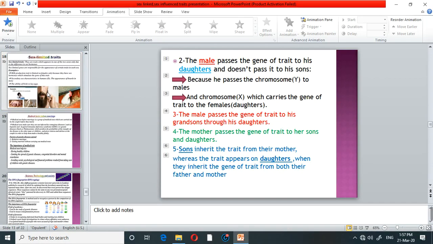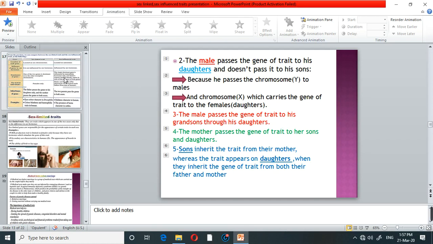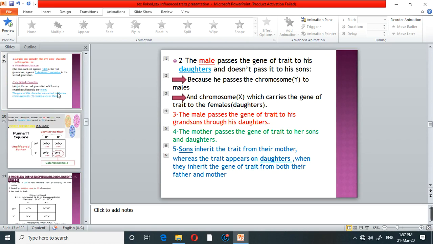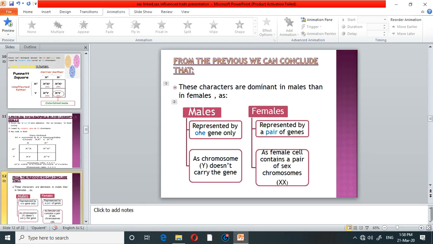Because in males, it is represented by one gene only, one gene on the X chromosome, as Y doesn't carry the gene. But in females, it is represented by a pair of genes, because the female carries two X chromosomes, and each one of them has a possibility to carry this gene. But in males, it is represented by only one gene, which is carried on the X chromosome, not on the Y chromosome.